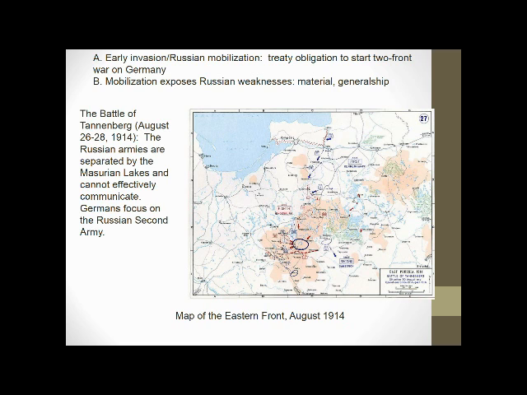Germany will really be able to control the Russian front, and Russia is never going to overrun Germany, as you will ultimately see in World War II. And by 1918, with the rise of Vladimir Lenin and the Bolsheviks in Russia, Russia will be taken out of the war in 1918 with the Treaty of Brest-Litovsk.